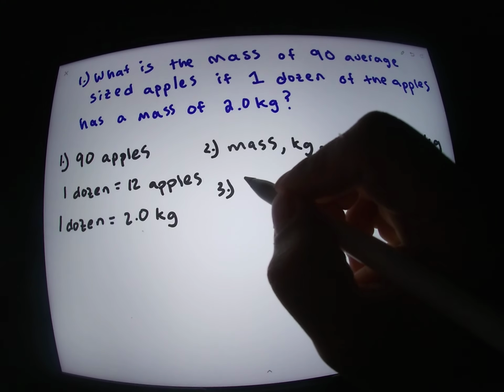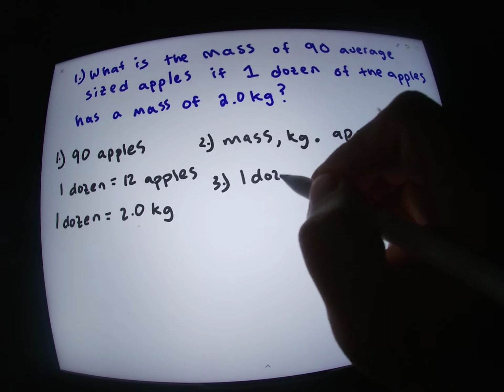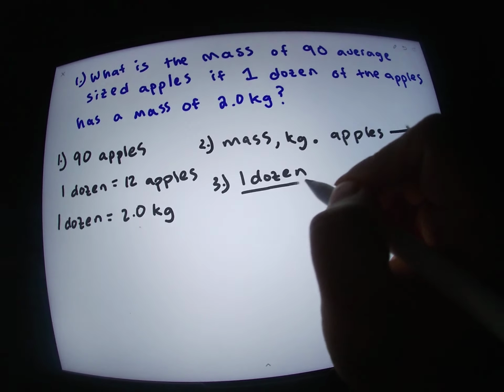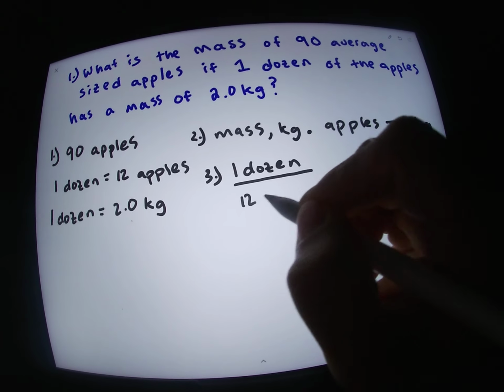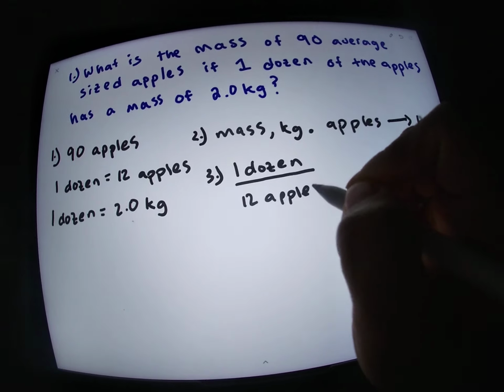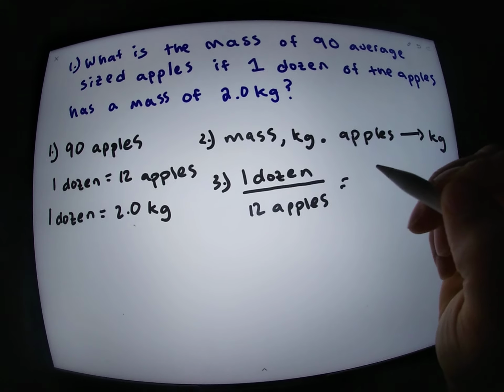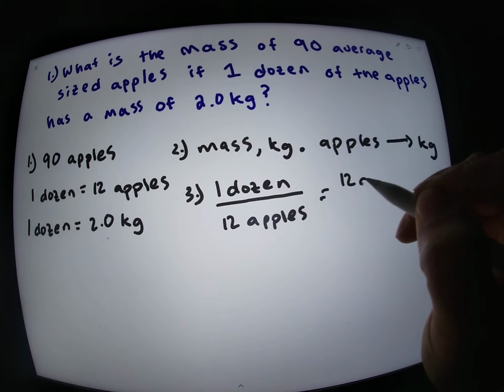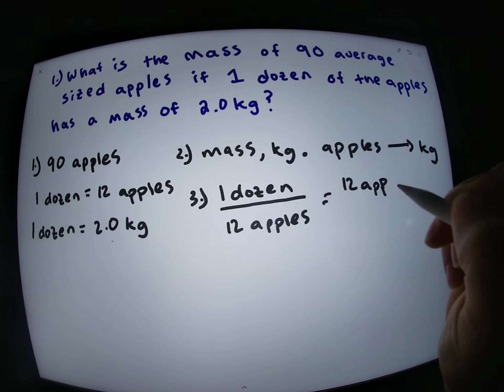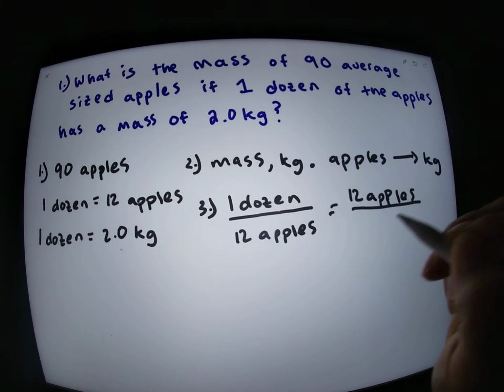So 1 dozen over 12 apples equals 12 apples over 1 dozen.